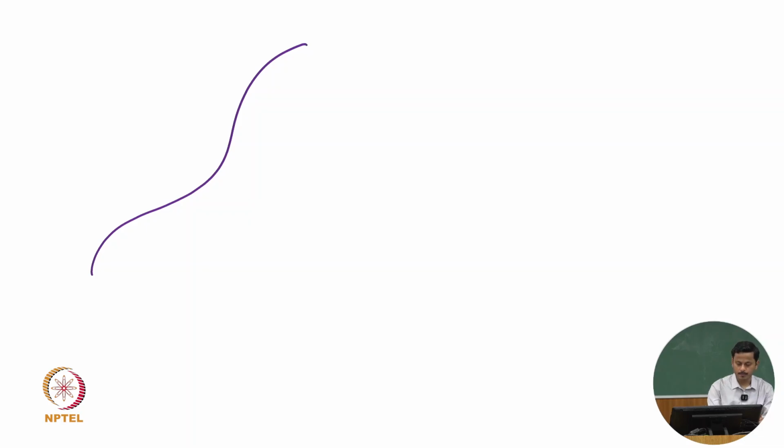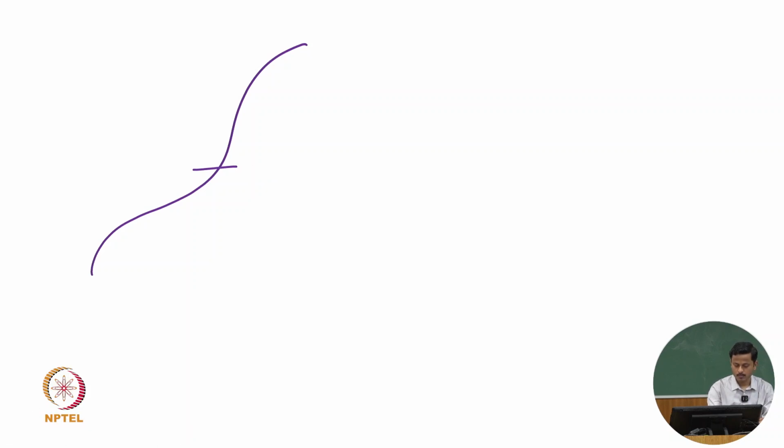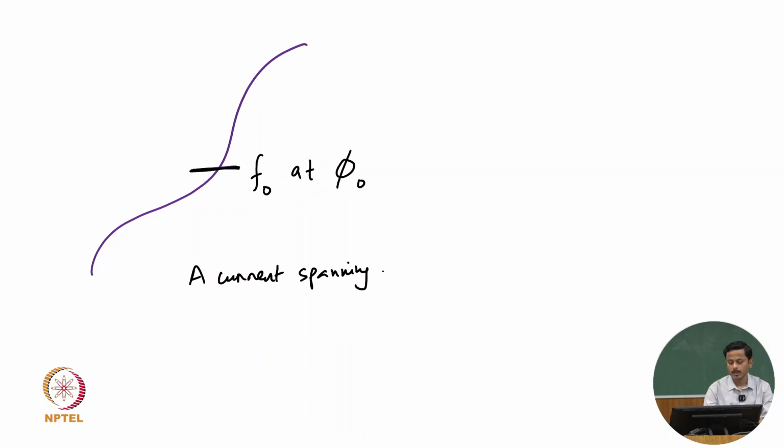and at the center of the system, let's say f naught is the value of the Coriolis parameter at a certain latitude phi naught. Okay, so this is the value f naught at phi naught. So this is a schematic of a current spanning multiple latitudes, let's say.